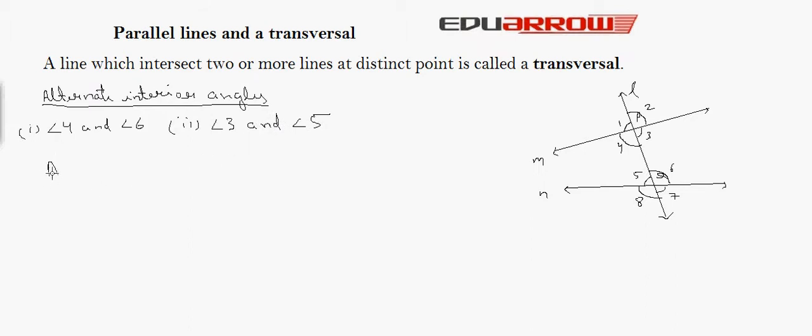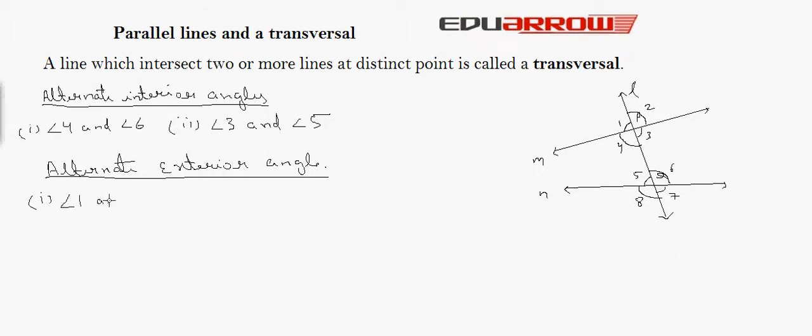Now alternate exterior angles. Angle 1 and angle 7 are alternate exterior angles, and angle 2 and angle 8 are alternate exterior angles.